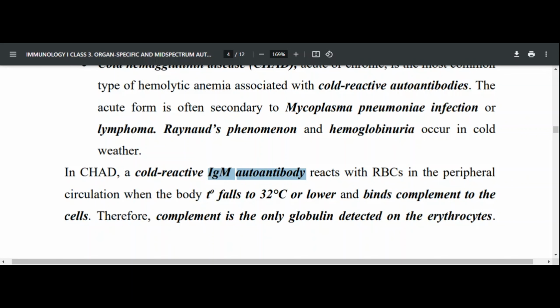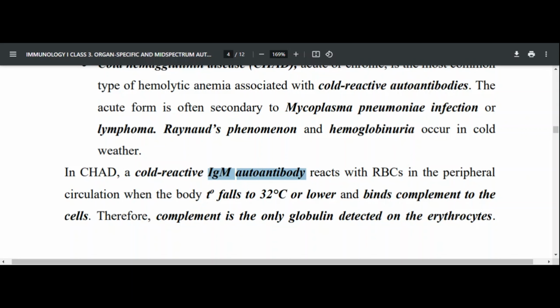Now you can notice the difference between cold reactive autoimmune disease and warm autoimmune disease. In warm autoimmune disease, we are able to detect IgG autoantibodies. But in cold autoimmune disease, we cannot detect autoantibodies, because the autoantibodies are IgM and cannot be collected in a blood sample, since the blood sample is collected from the 37 degrees site of the body.